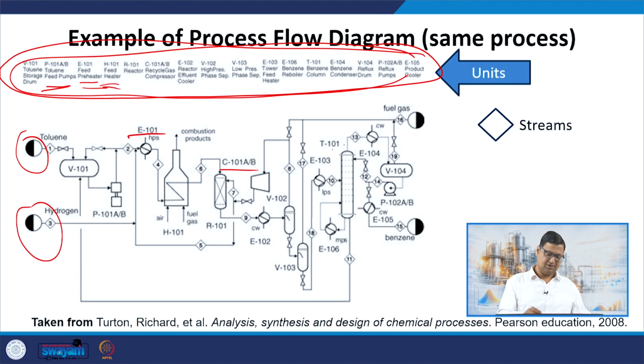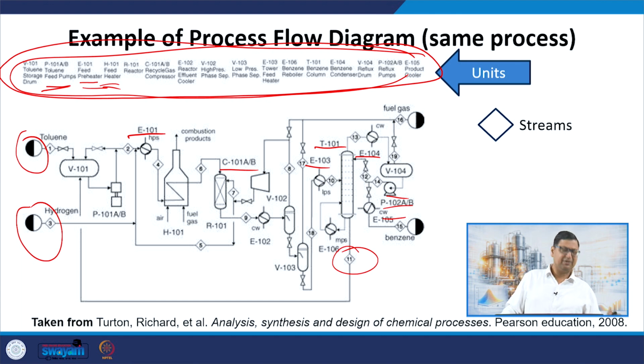These are my units, they are labeled in a certain way, and pretty much everything has been labeled and listed on the top, and there are streams with the diamond symbol and with a number on that, right. So, for doing any calculation or any modeling exercise, or even to prepare, manufacture or commission these kinds of things, we need an understanding of the units and streams which are present in the process, right.